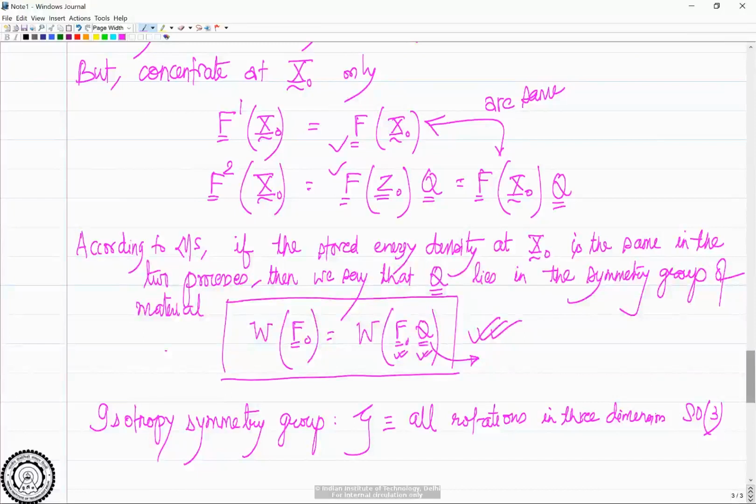Here we are just talking about whether Q is in the symmetry group or not. Certainly for isotropic, it has to hold for all Q. If it fails for even one Q, then it is not isotropic, obviously.